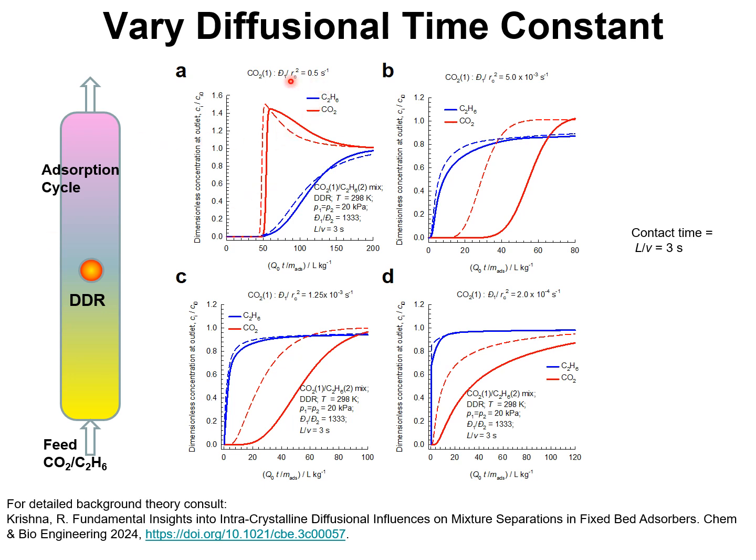In this case, with a diffusional time constant of 0.5 per second, the component that breaks through first is CO2. This is undesirable because what we would like is to selectively adsorb CO2 so as to purify C2H6.